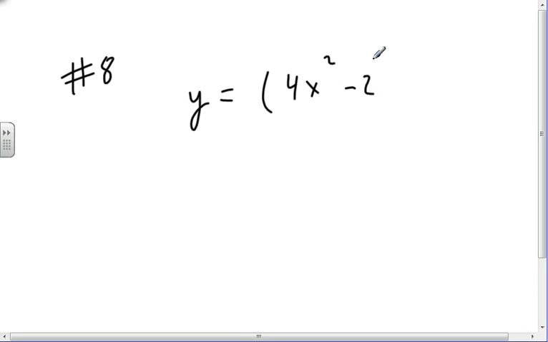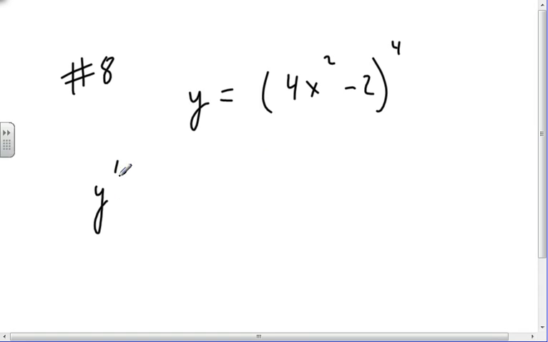All right. Number 8. Okay, so y is equal to, I got a parentheses, 4x squared minus 2 raised to the 4th power. And I want to find the second derivative.